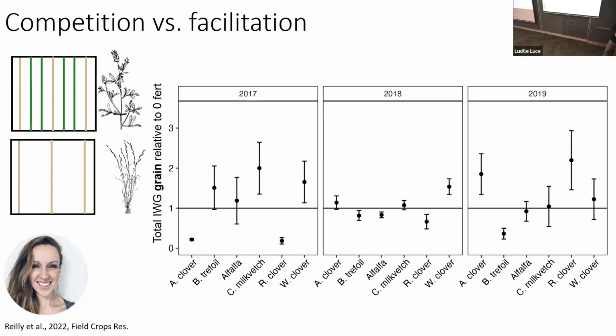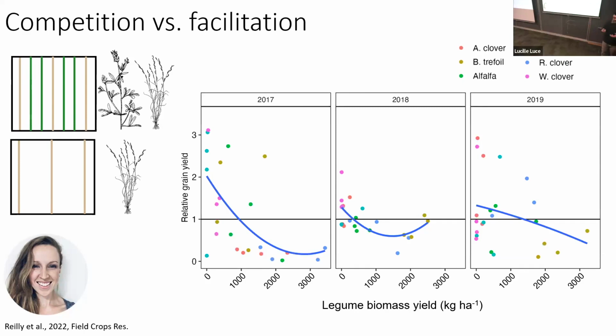So there's a lot of things occurring here, and we've got to start to tease some of these things apart. So you also might wonder, well, are there actually legumes in those plots where the grain yields are better or worse? Is there really a relationship between the legume and the intermediate wheatgrass? One way to look at that is simply by plotting legume biomass yield against the relative grain yield.